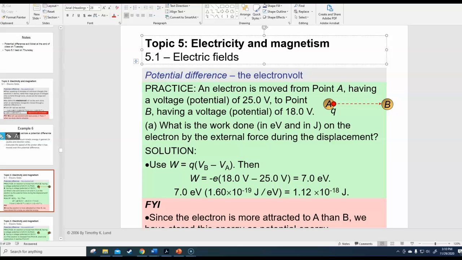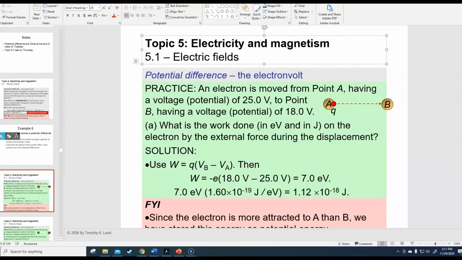Now, what I mean by that is that if the electron was, let's say it was a proton instead, protons feel a force in the direction of the electric field. Okay, so if you put a proton at point A, it's going to zip on over to point B just on its own. Okay, why? Because positive charge wants to go from a high potential to a low potential. Negative charge does the exact opposite.